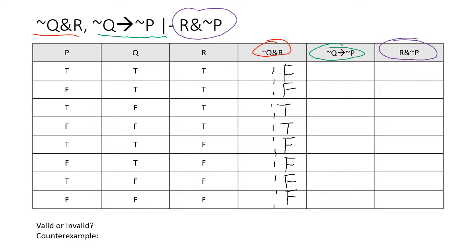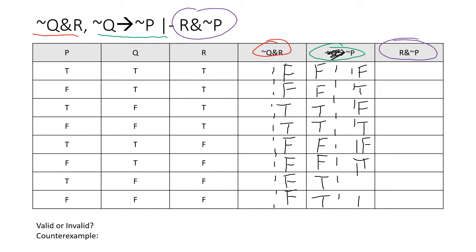Looking at the next one, it looks like three different operators, two tildes, one arrow, no sets of parentheses, so those tildes are just functioning over the individual letters themselves. So looking at the tilde Q first, flipping those from trues to falses, and falses to trues. And then same thing with the P, we'll do the tilde P next. Same thing as before, we'll look at our key, we'll flip the values across.